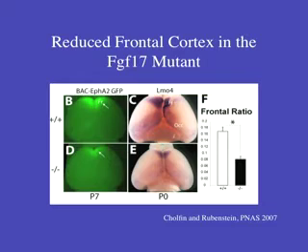So we built into this mutant a transgene that glows green because it expresses GFP under the control of the FA2 gene. So this FGF-17 mutant has this green marker of the frontal cortex. So this is a wild-type frontal cortex that expresses FA2, and this is FGF-17 frontal cortex that has less surface area that's strongly labeled by the GFP fluorescence.